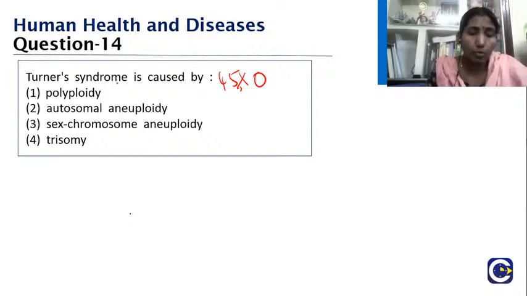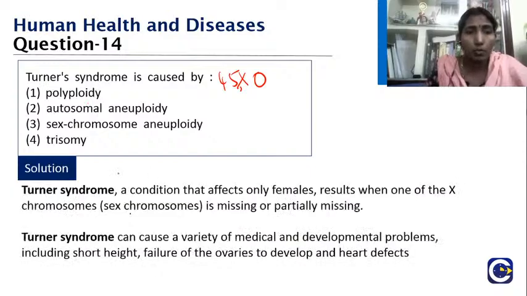So here sex aneuploidy is a group of conditions in which the individuals, like you see in Turner syndrome, it's a condition that only affects the females where one of the X chromosomes will be missing. Okay, XO type it is. So mostly they will have short height, failure of ovaries to develop, with heart defects and all that.